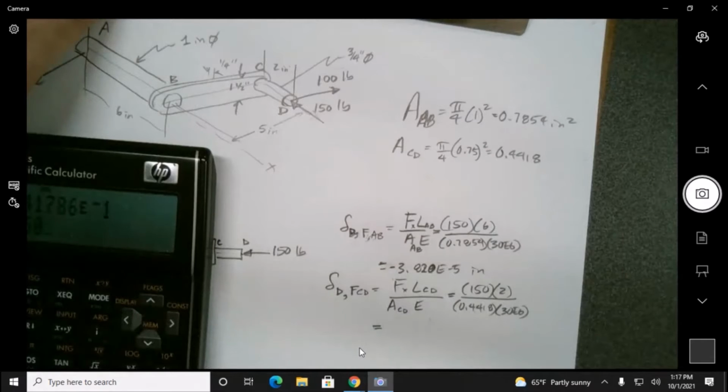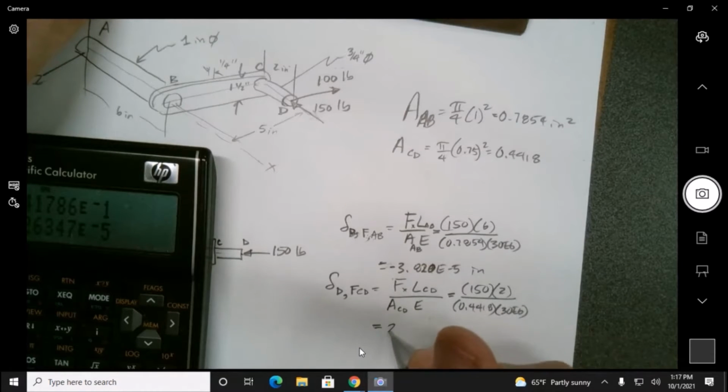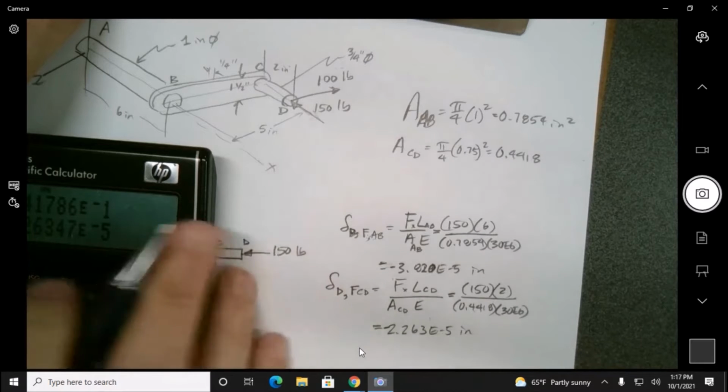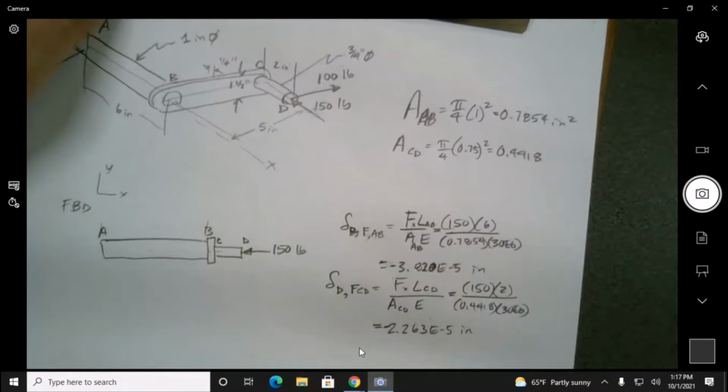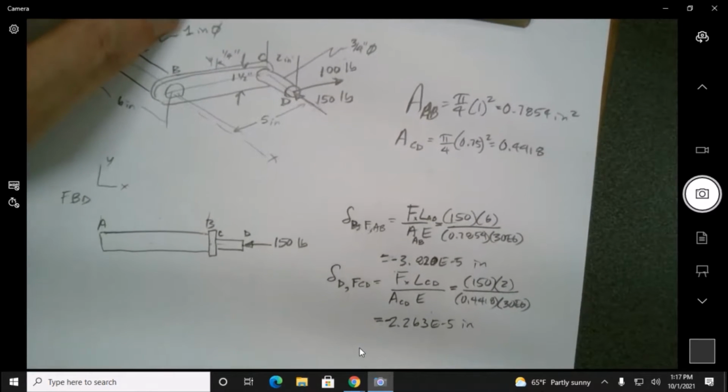So 150 times 2 divided by 0.4418 times 30E6, really small, and this is also negative, so let's get crushed, 2.263E minus 5 inches.